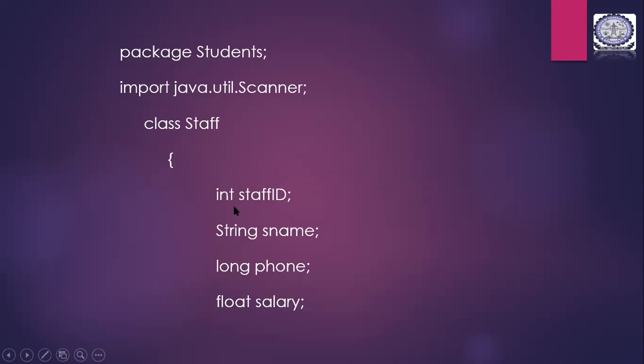For staff ID we have taken int here. It is just to show you different types of data types. String is taken for staff name and float for salary. So we have defined the variables here.